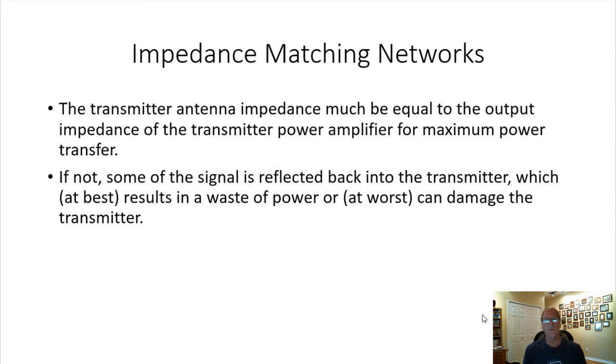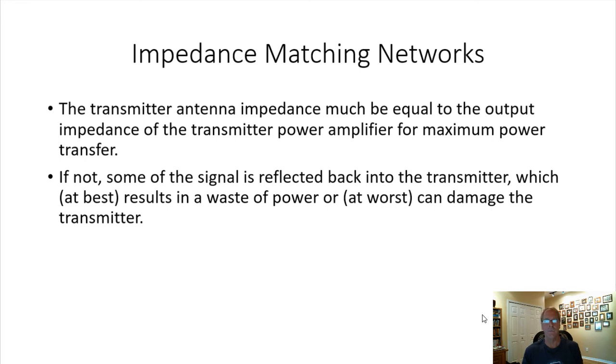If not, you get the voltage standing wave ratio: some of the voltage gets reflected off the antenna and sent back into the transmitter, which wastes that power. That power never comes out of the antenna. In fact, it can damage the transmitter if it's bad enough.